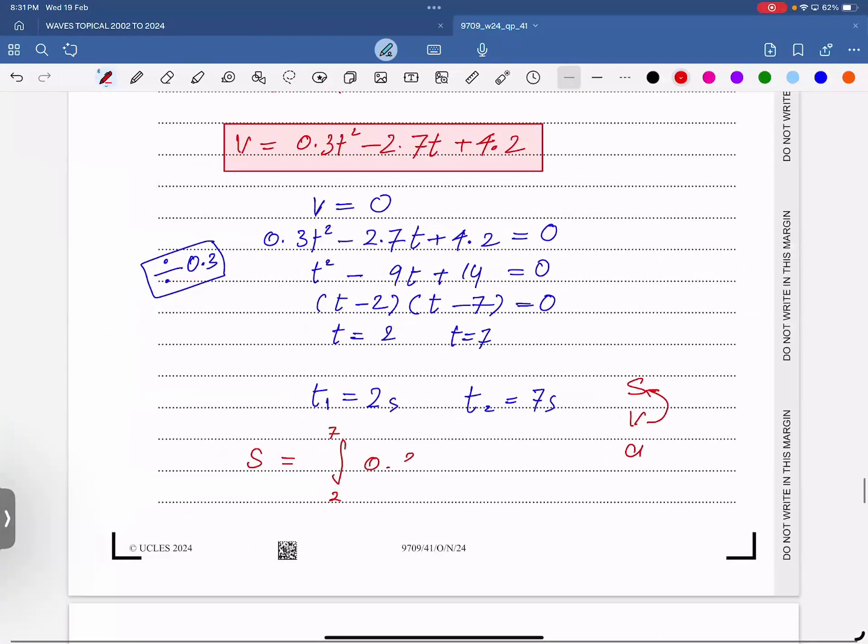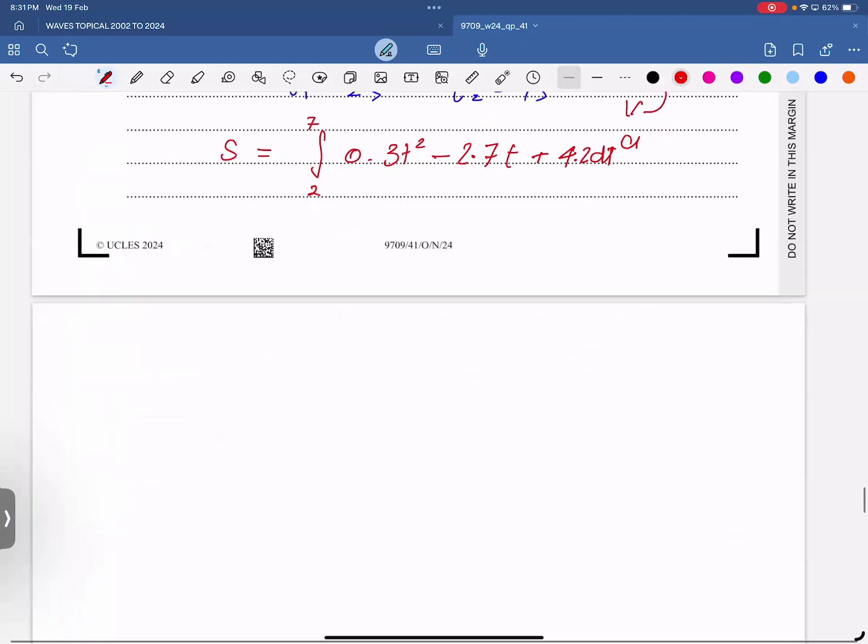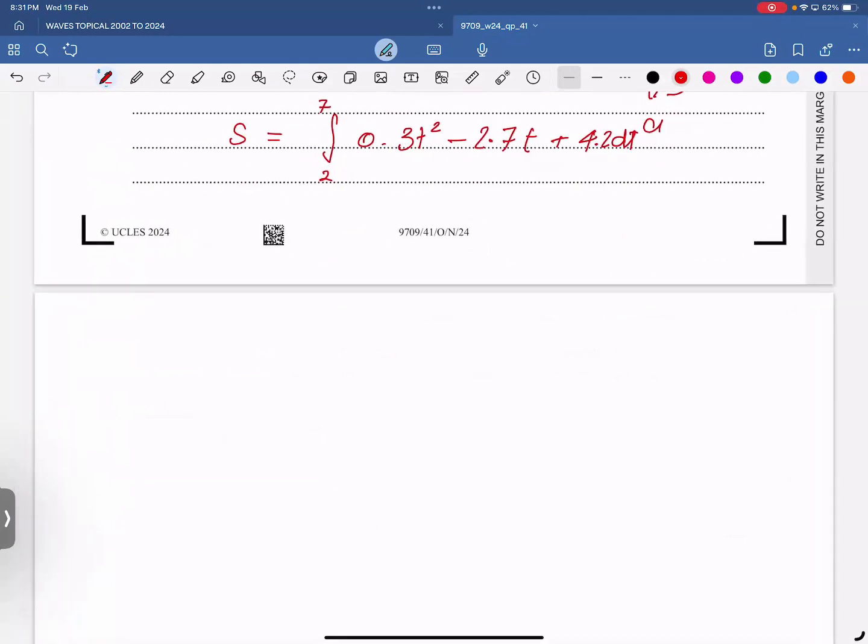Velocity was 0.3t squared minus 2.7t plus 4.2 dt. Dear students, I'm using the next page, which is blank with me. So S is equal to, I'm integrating 0.3t cubed over 3 minus 2.7t squared over 2 plus 4.2t. It's a definite integral. Just put 2 to 7.